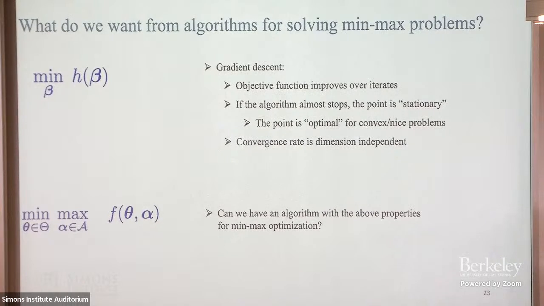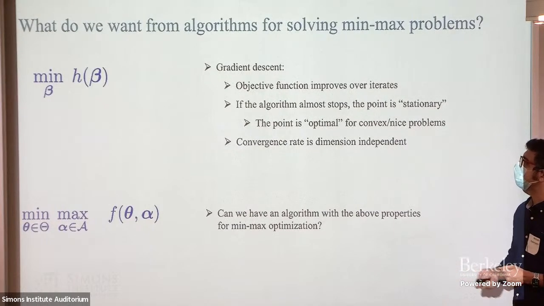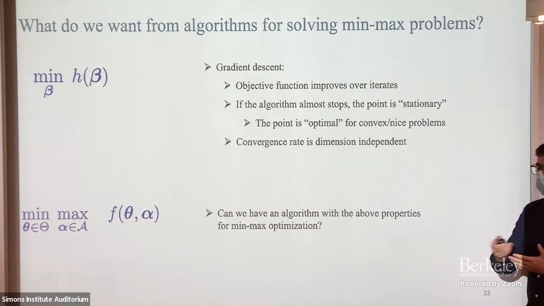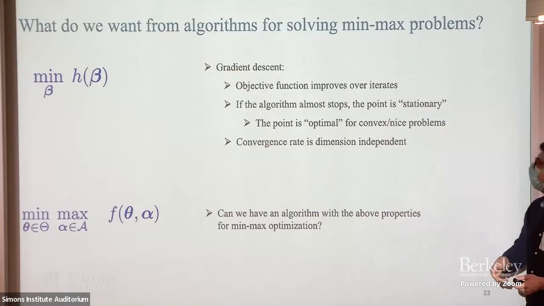If the algorithm stops when you are using projected gradient descent for minimizing a function, or jumps around, you look at the limit points, they are stationary. And for nice problems or convex problems, these are optimal points. And the convergence rates are dimension independent.